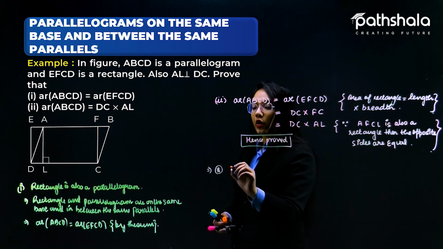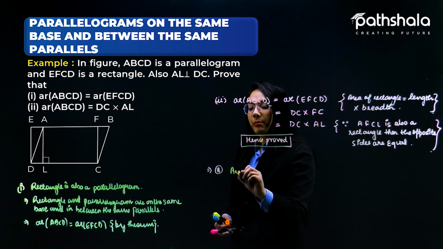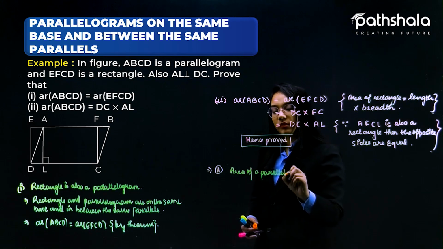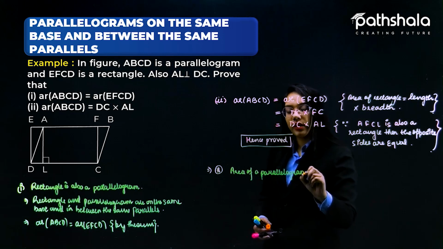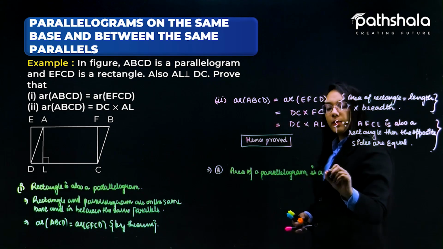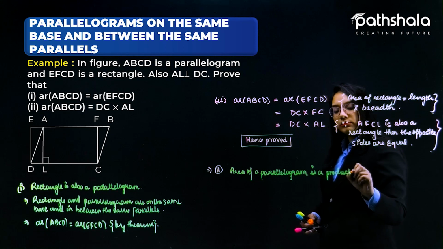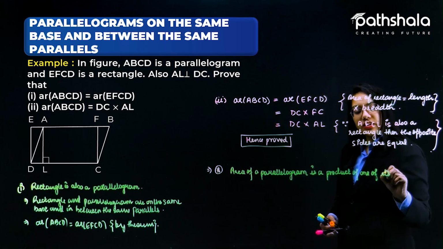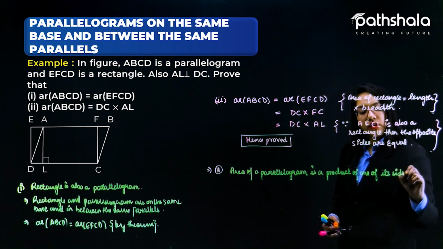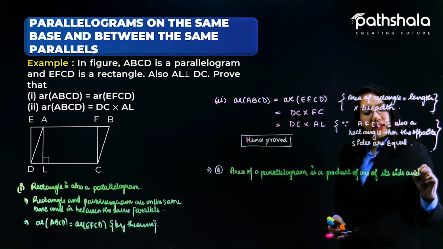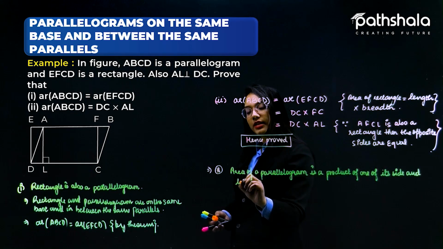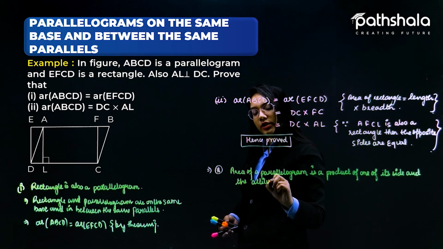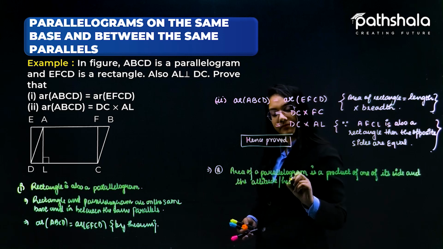So whenever we are talking about the area of a parallelogram, always remember that the area of a parallelogram is the product of one of its sides and the altitude or the height.